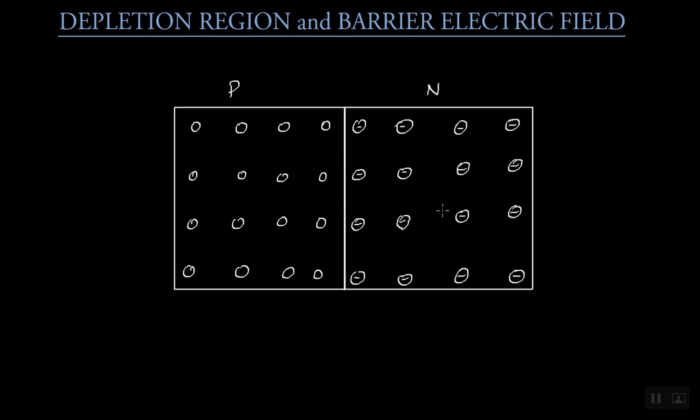Okay. So I want you to listen carefully and try to understand here. First of all, what are holes? Holes are nothing but empty seats or empty spaces that carry positive charge. Why?